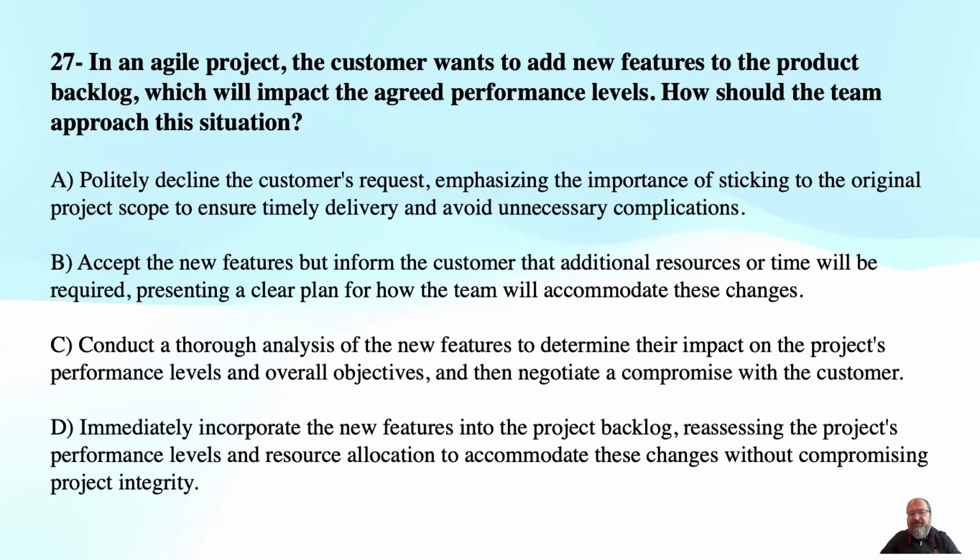Option delta is incorrect because it suggests rushing to incorporate the new features without first understanding their impacts. While it's important to be responsive to customer needs, it's also crucial to conduct a true analysis to ensure that adding the new features is feasible and aligns with the project's objectives.